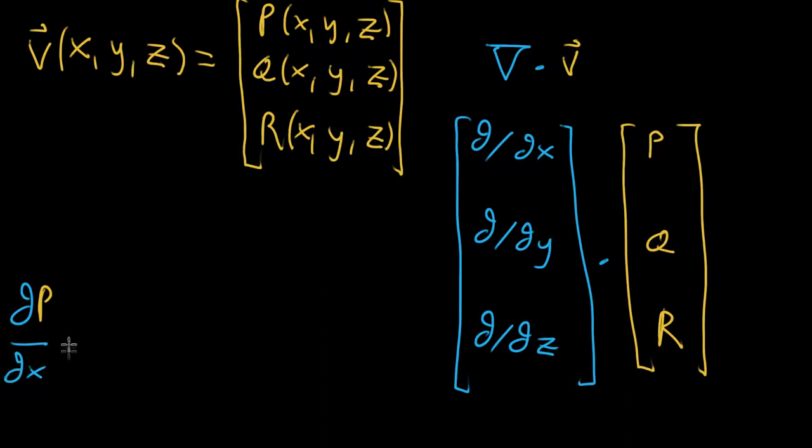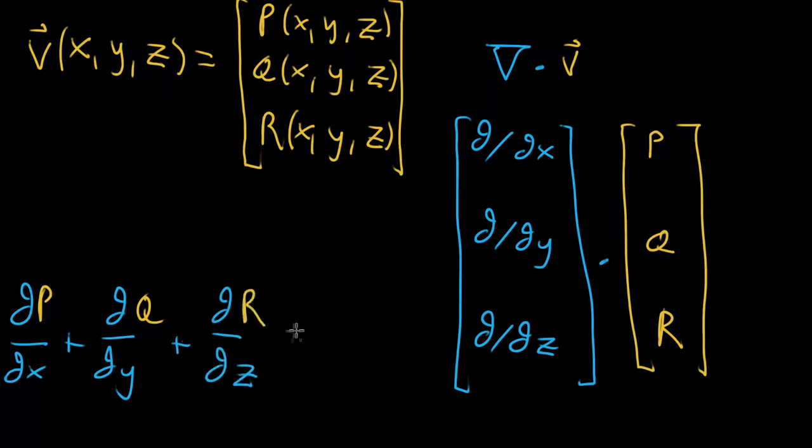Then you add partial y, evaluating at q, because you're imagining multiplying these second components, and then you add what happens when you multiply by these third components, where that's partial z by that last component. Since I haven't talked about 3-dimensional vector fields or divergence, maybe you don't have as strong an intuition for why this last term shows up as the other two, but it's quite similar. You're thinking about changes to the z component of a vector as you move up and down in that direction and the input z changes.